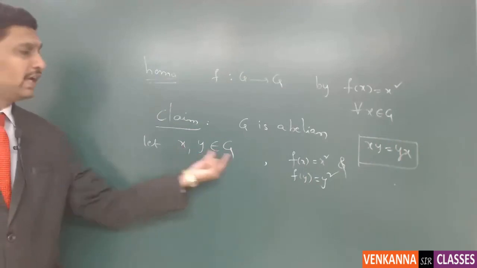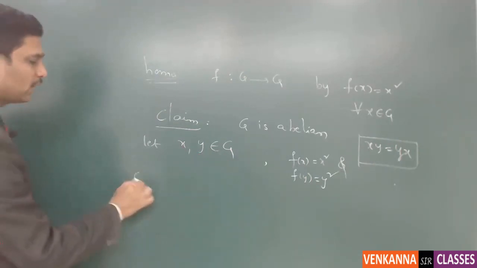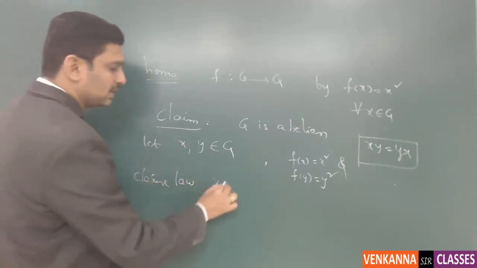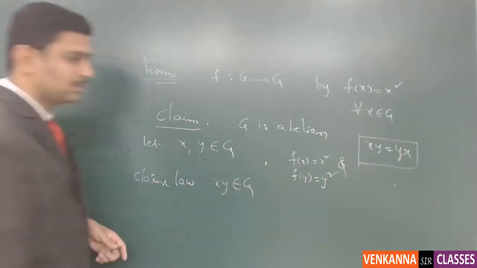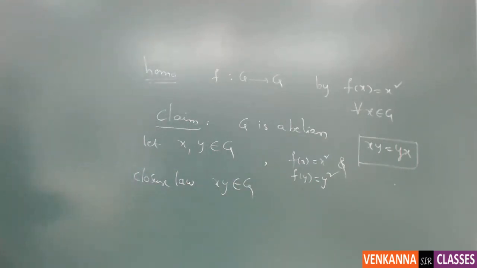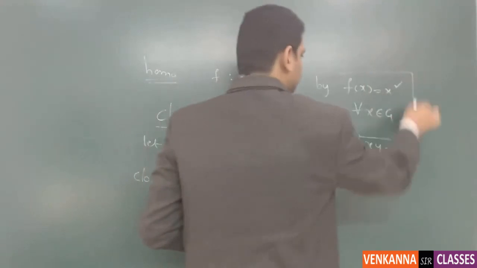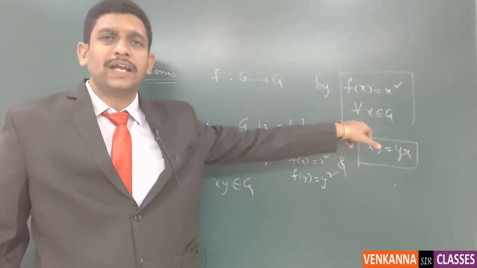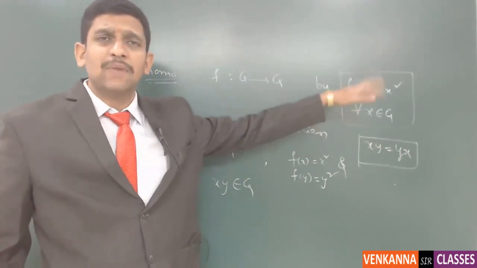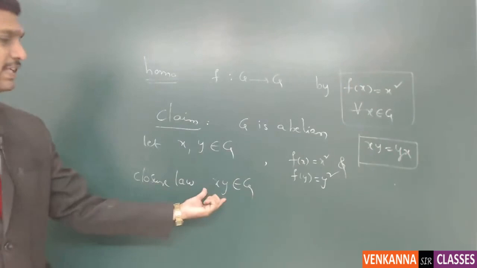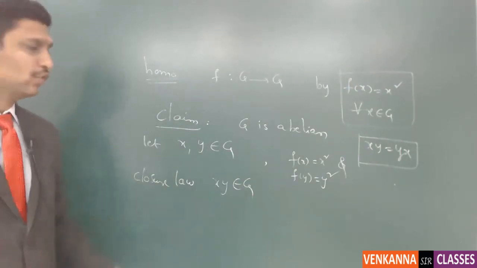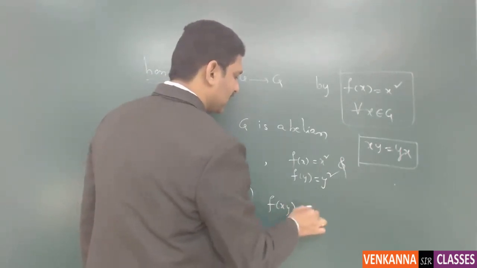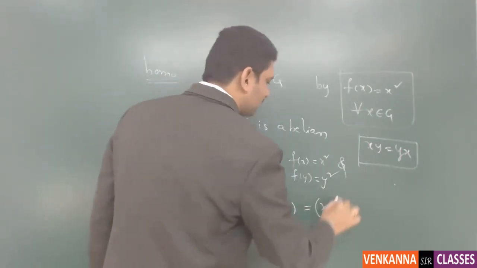When you take two elements in the group, by closure law, xy also belongs to the group. And from this definition, whatever element you take in the group, f of x is nothing but its square. Since xy is an element in the group, we have f of xy equal to xy whole square.